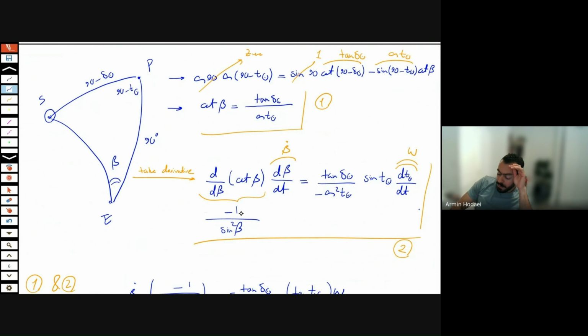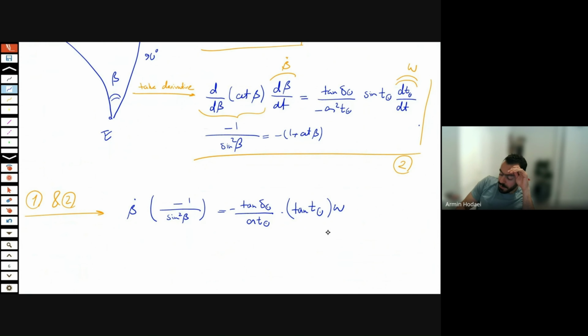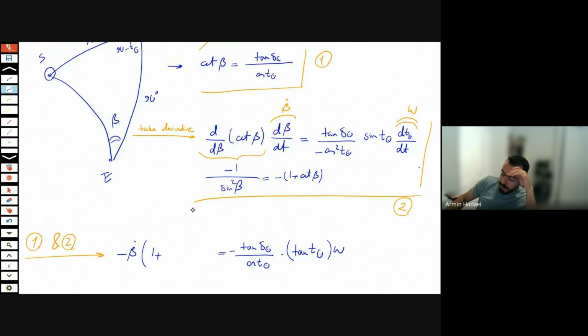Oh, okay. So 1 over this one, I can write it as 1 plus -1 plus cotan beta, right? Okay, so that makes life easier. So instead of this, I can write -1 plus, and instead of cotan beta, I'm going to write tan square over cosine square t, right?